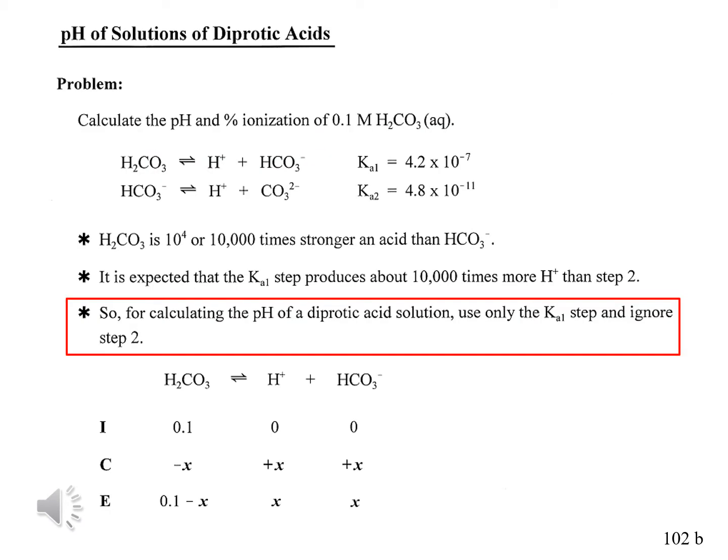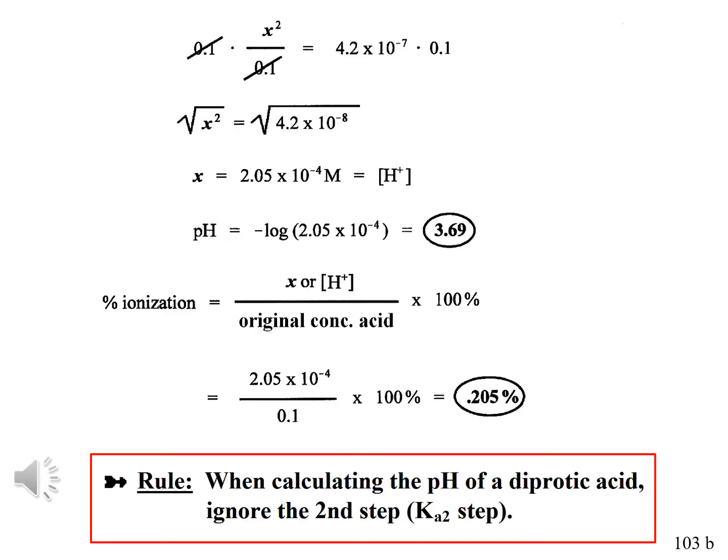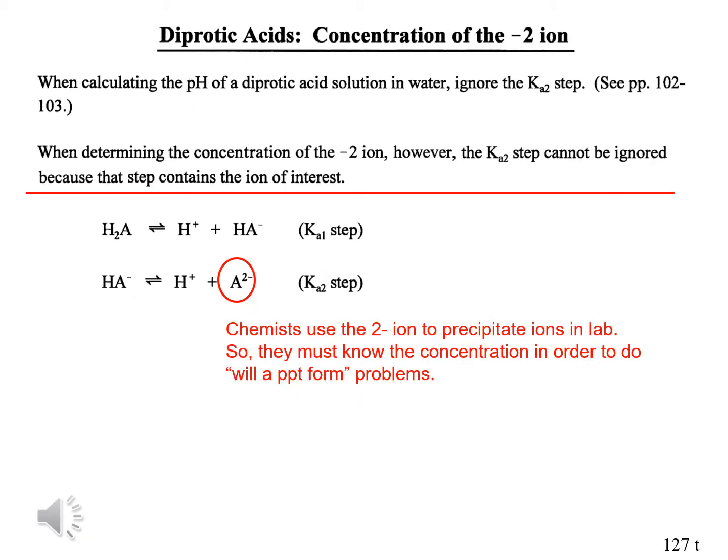This was the example from last class that when we calculated the pH of carbonic acid, we ignored the second step and used only the first. And these are the calculations we did. And you end up with the final answer in the percent ionization. So we concluded that if you're calculating the pH of a diprotic acid, you use only the first step and ignore the second one.